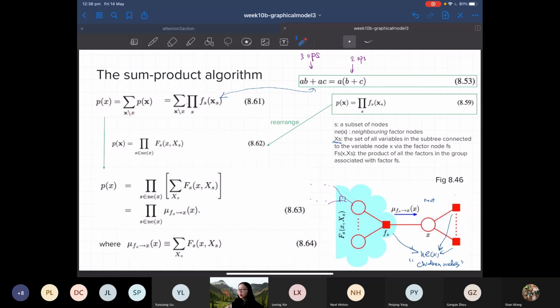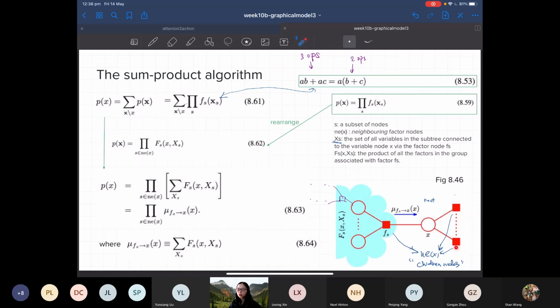So in this first step, we're going to essentially partition this giant sum according to the factor nodes of X. And then we're just going to write the sum in terms of the rest of the nodes that are dangling off a particular factor node, right, or are descendants of a particular factor node. So that's the general direction, and we go there in two more equations, right?